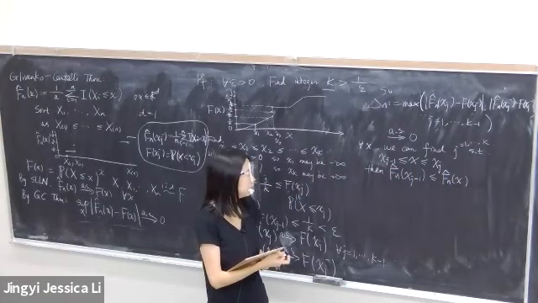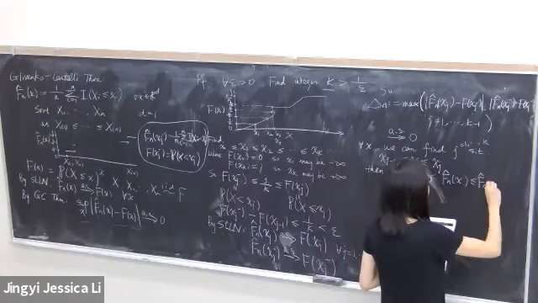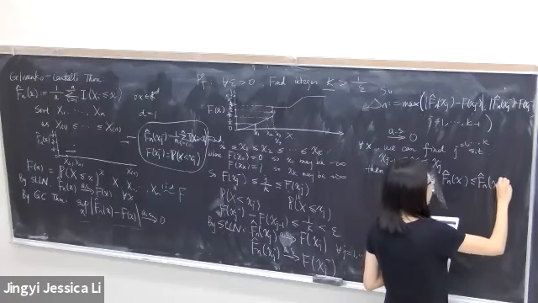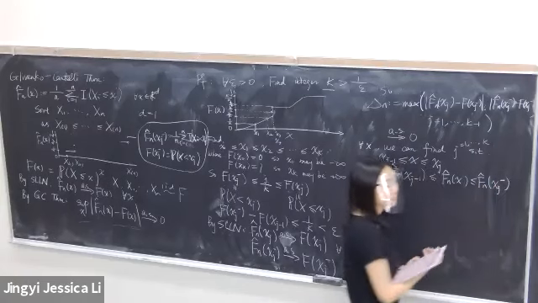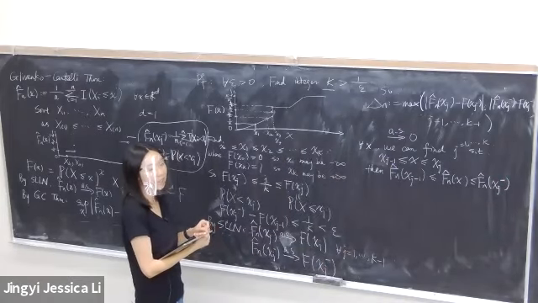And furthermore, we can have F_n hat(xj minus). Here's the key: the reason is that xj might be a discontinuity point.